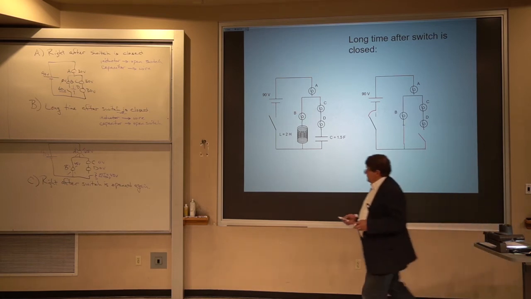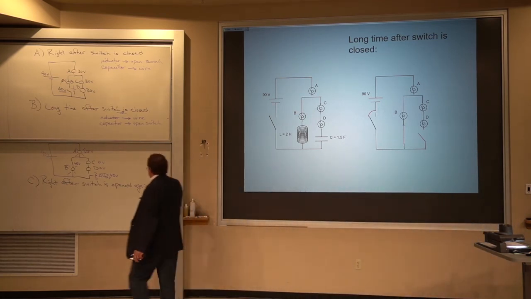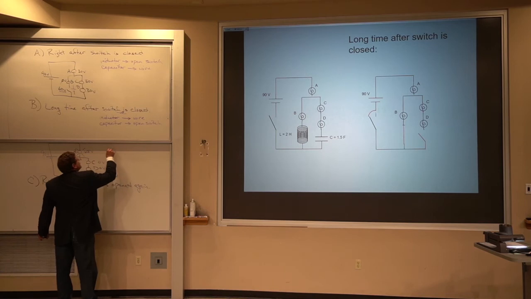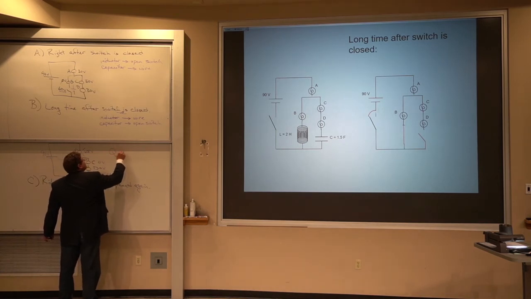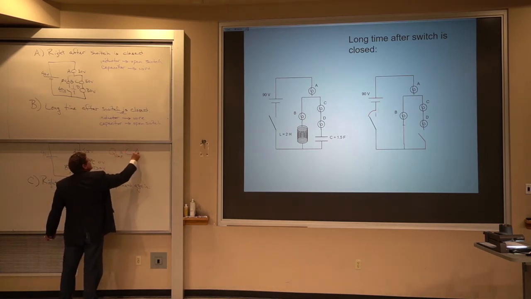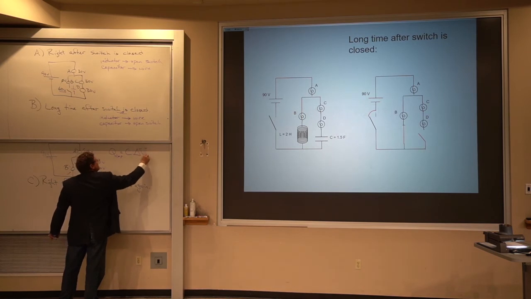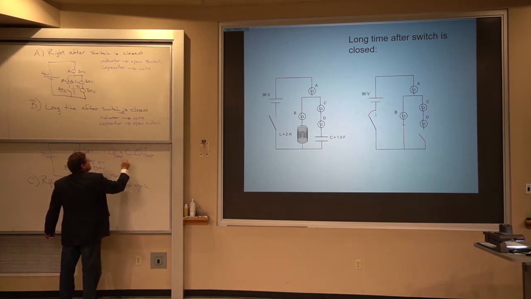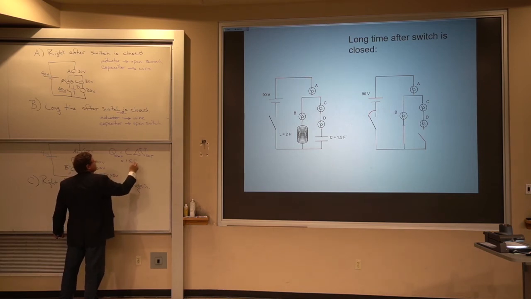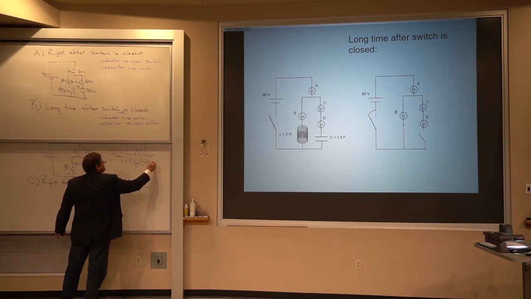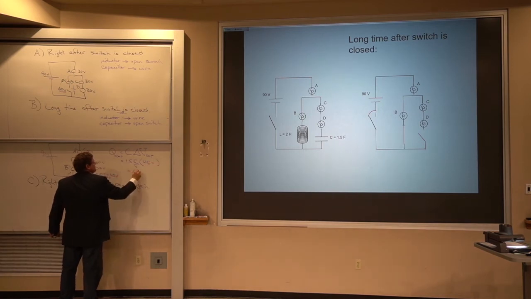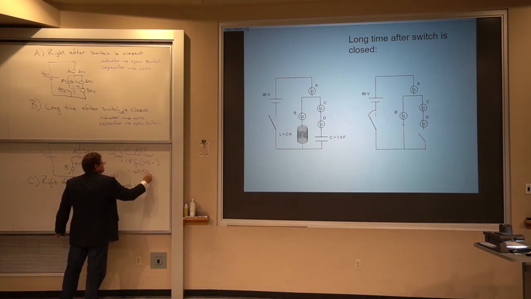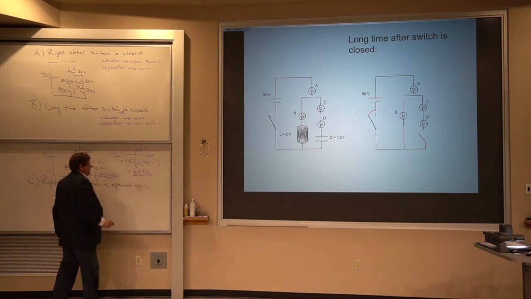Well, the charge stored on the capacitor is just the capacitance times the voltage across the capacitor. This is 1.5 farads, which is coulombs per volt, times 45 volts, and that's going to be 67.5 coulombs. Okay?